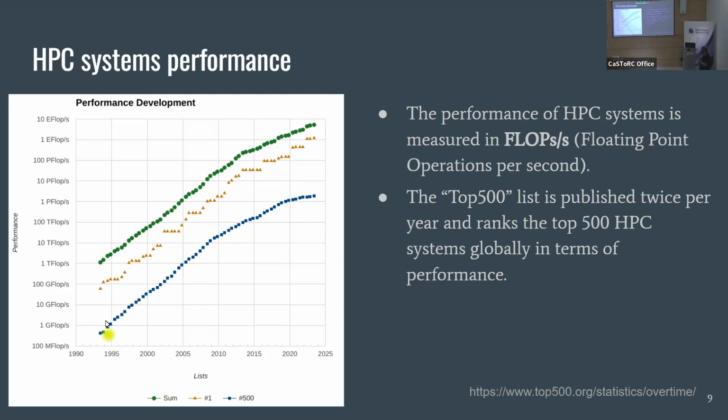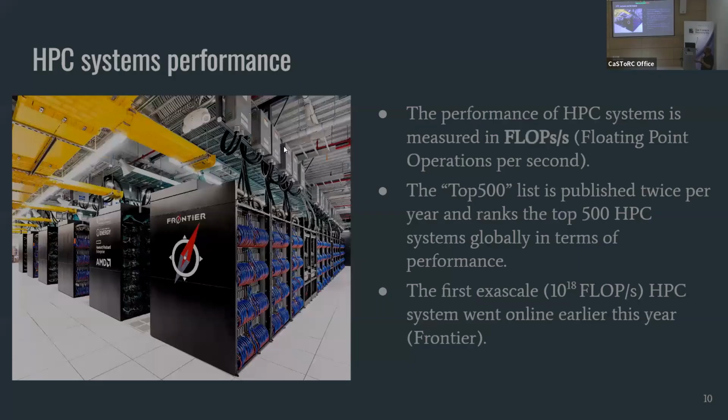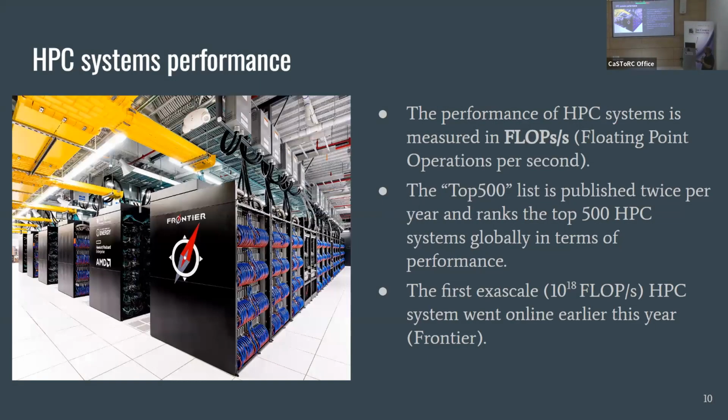There you can see it's almost linear over the past 30 years. And if you see here, we now reach the exaflop range, which is 10 to the power 18 flops per second. And Frontier is the first system that passed it, and it went offline earlier this year.